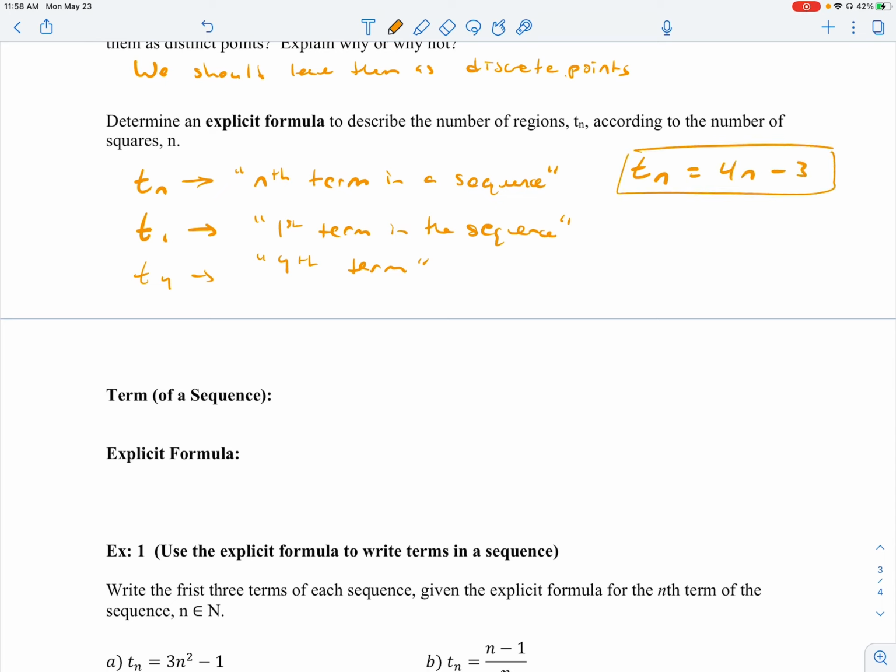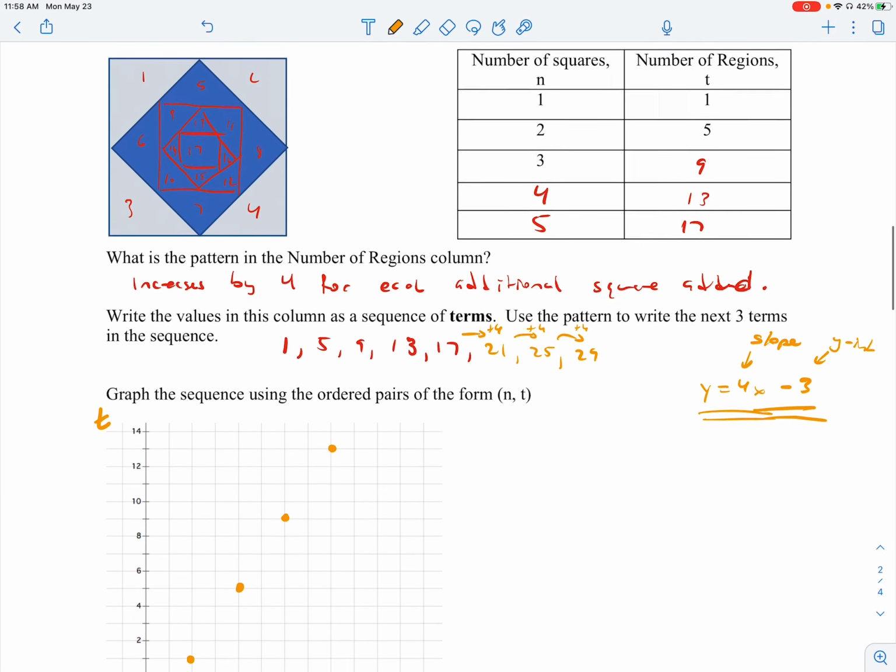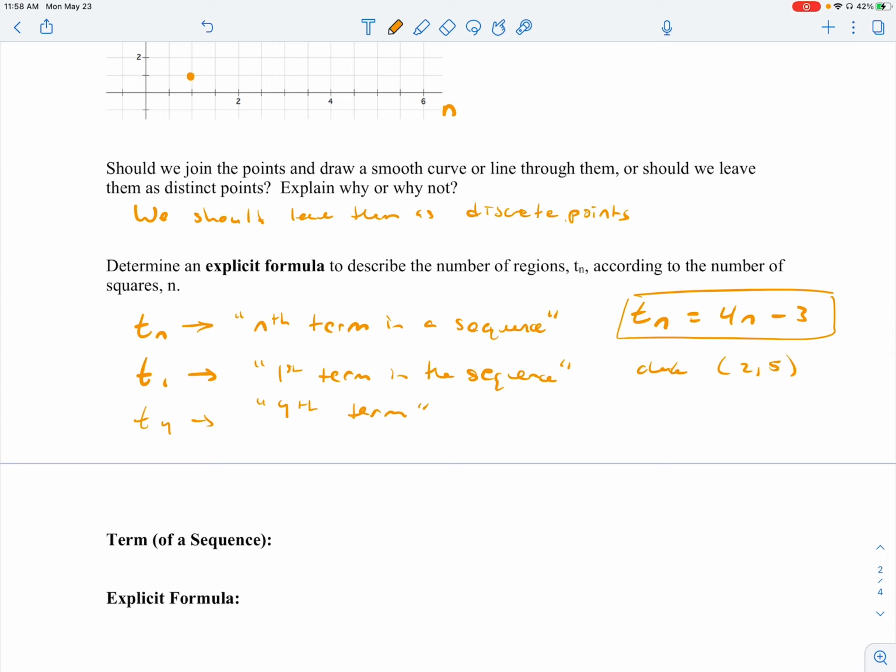Okay, it's always good to check. Let's check with the point that we have, like 2, 5. Let's write it like this: T2 equals, because n is 2.